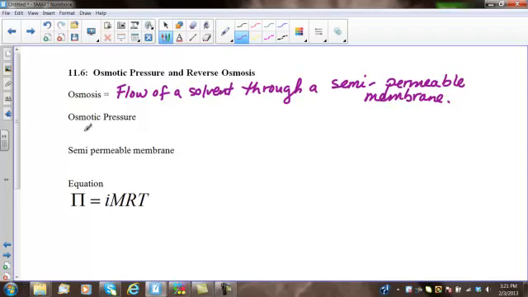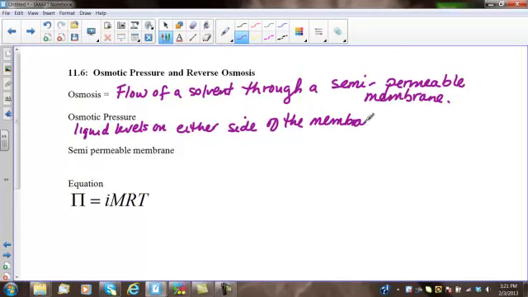Osmotic pressure is, I guess you would say, if you have a semipermeable membrane, your liquid levels on either side of the membrane are different.